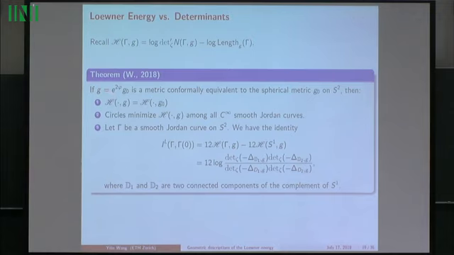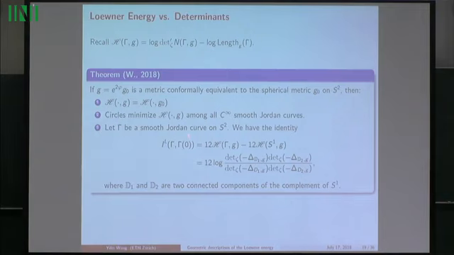If we take the metric to be conformally equivalent to the spherical metric G0, that is the metric you have in mind for the round spherical metric, obtained by multiplying by a scalar in front of it, you can think of this metric as not changing the angles locally, but changing the length of vectors.